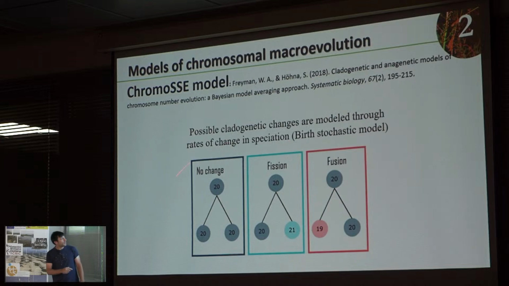But we also have a set of parameters to model chromosome evolution at cladogenesis, when lineages are originating. So we have a parameter for no change in chromosome number, and then two other parameters for fission at cladogenesis and also fusion at cladogenesis.